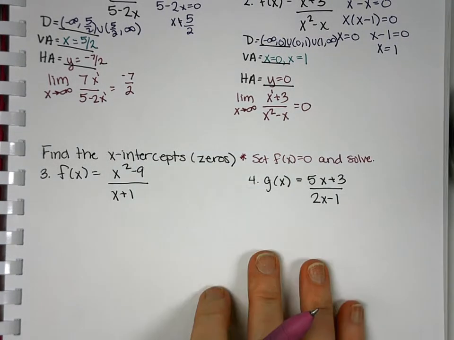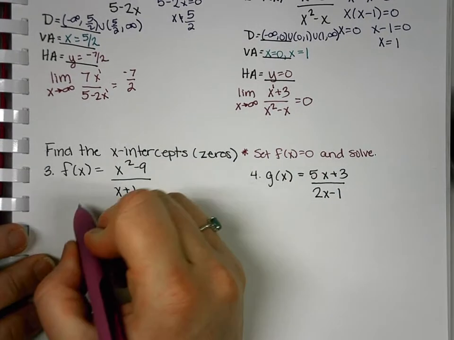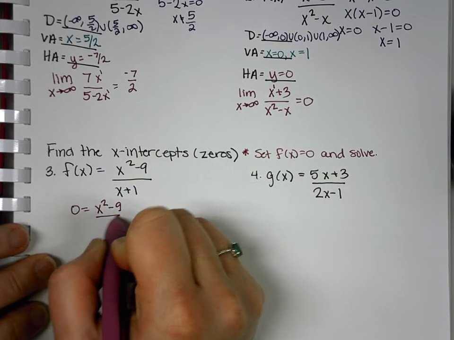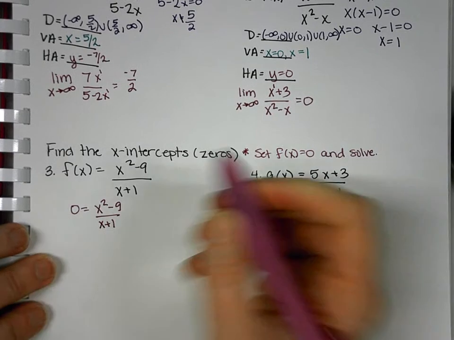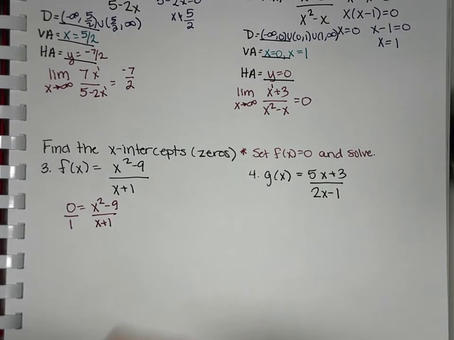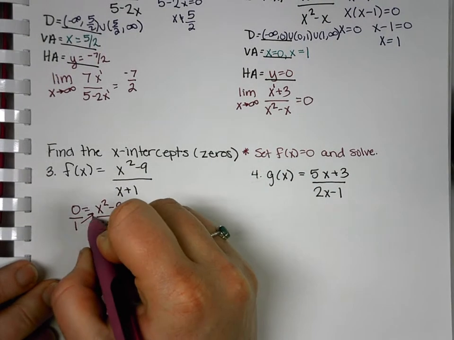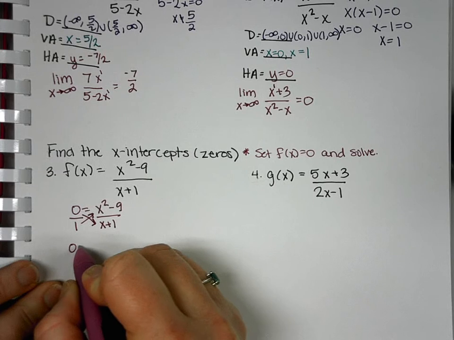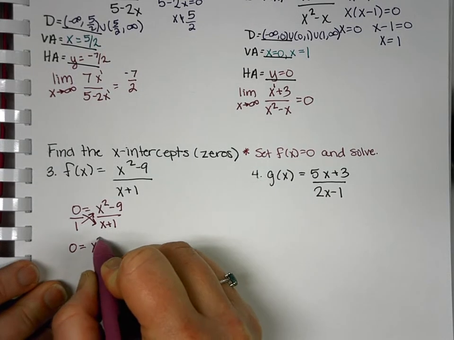So on number 3, if we make 0 f of x and we cross multiply, so put 0 over 1 so that we can cross multiply, we get 0 times x plus 1, that's just 0. And then we get x squared minus 9.